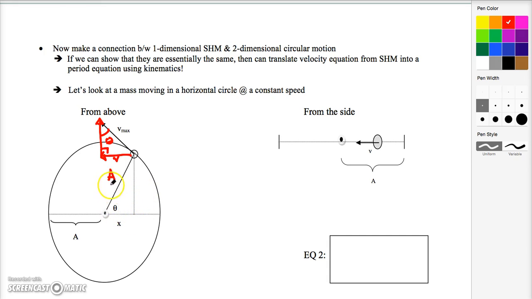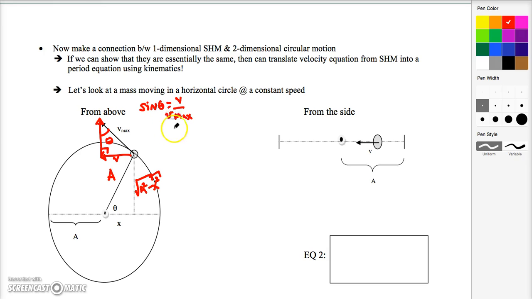And of course, based on the Pythagorean theorem, if this is one leg and that's another leg, we can write this as the hypotenuse squared minus the other leg squared. So basically just a squared plus b squared equals c squared. And so let's write this out. If we describe sine of the angle as equaling v over vmax, that's just the definition of sine.